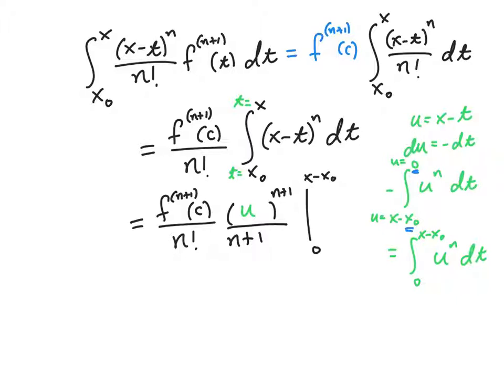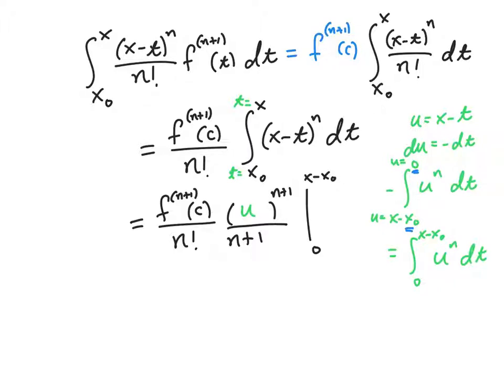And then when you plug in, remember t is x naught, so if you plug in x naught here, you're going to get an x minus x naught in the bottom limit of integration. And if you plug in x here, you're going to get x minus x is 0, so you're going to get u equals 0 in the top limit of integration. This minus sign came from the U-Substitution, du equals minus dt, and now we have u to the n.